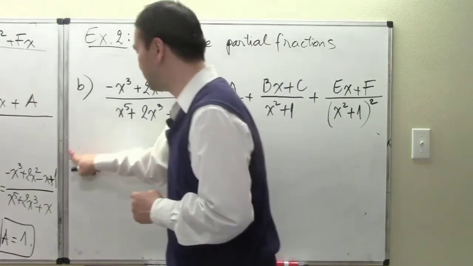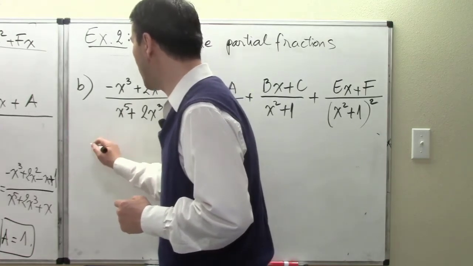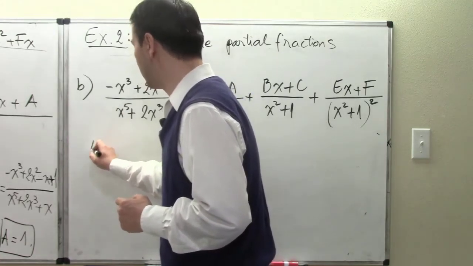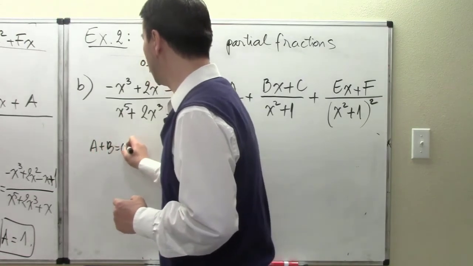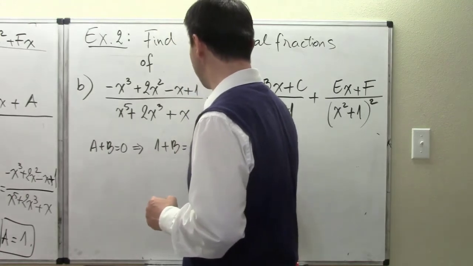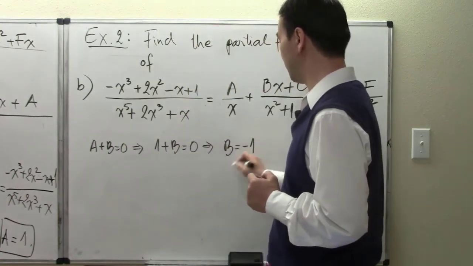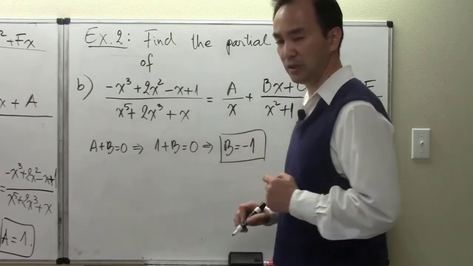All right, so now we know that a equals 1, so that means in this equation a plus b equals 0, we can lead to having 1 plus b equals 0, and so that gives us b equals -1. So we found b equals -1.